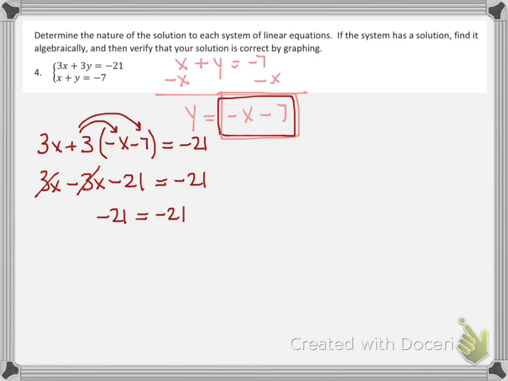In fact, they're the exact same line. I can also check that by multiplying through here by 3, and I get 3x plus 3y equals negative 21, and they're exactly the same if I scale that equation up. All right, so using substitution, we still can decide whether it's infinitely many, no solution, or a unique solution.